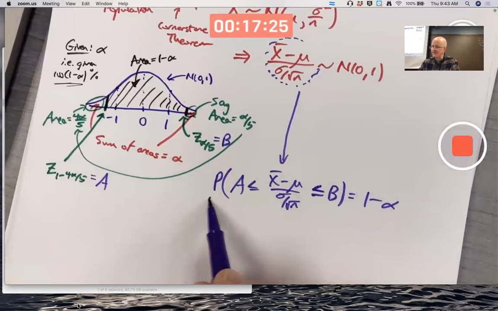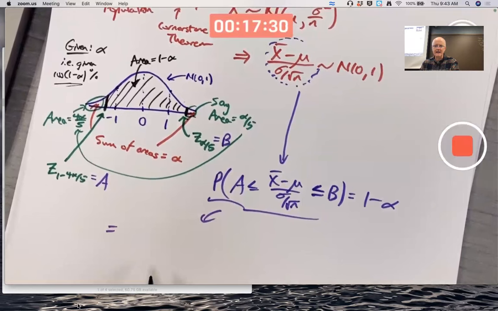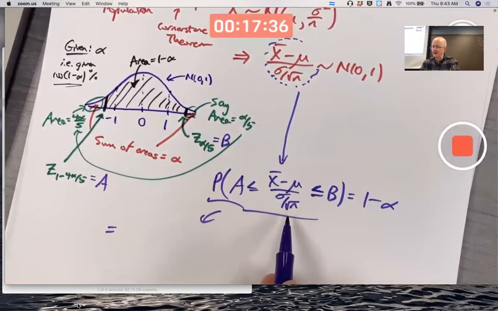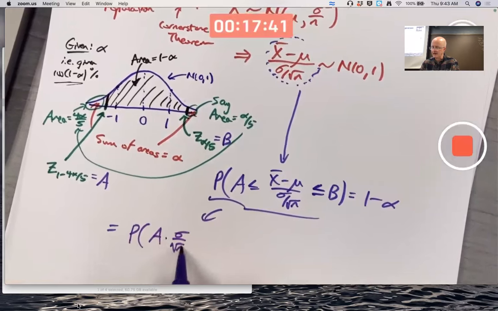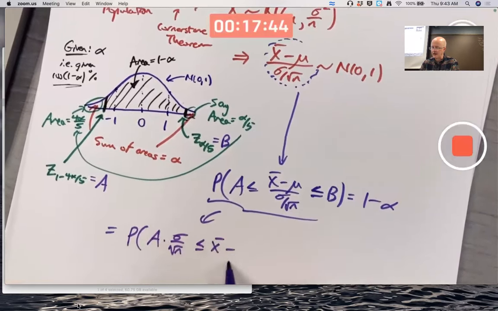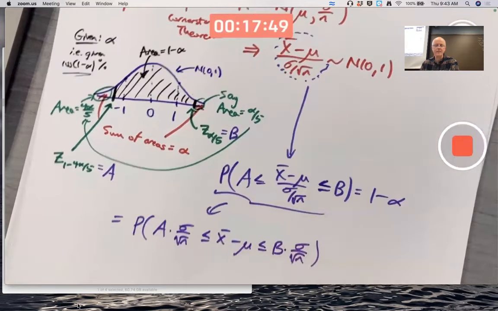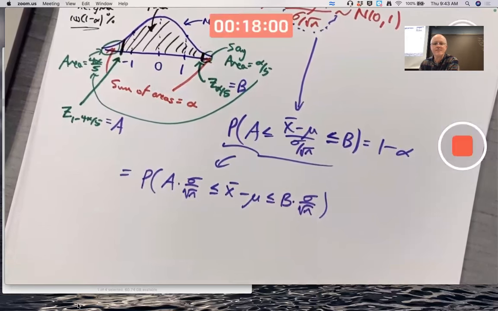All right, so let's do some algebra now. I'm trying to isolate mu. I guess I should first multiply everything by sigma over square root of n. No problem there, right? The inequalities don't change direction because sigma over square root of n is definitely positive.